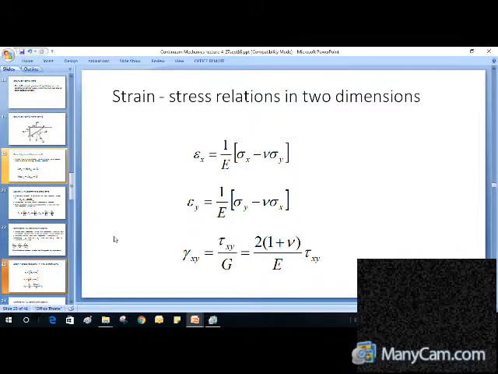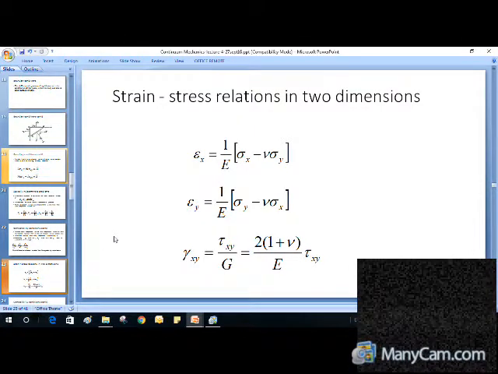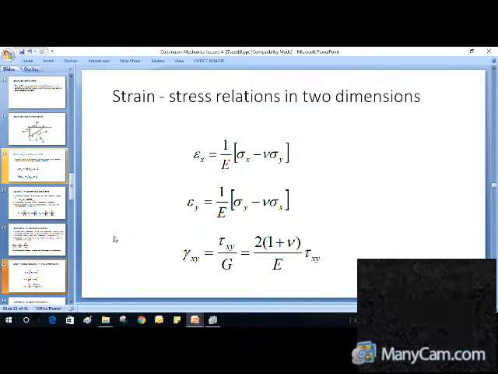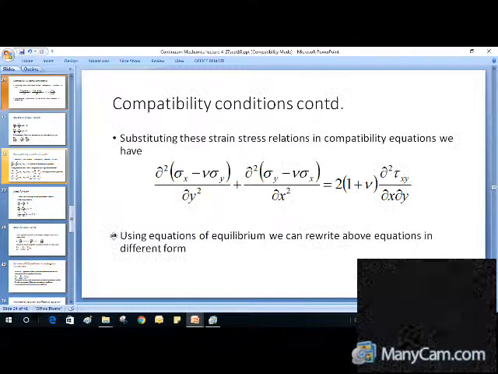So we now see that these three quantities are now substituted. Thereby the compatibility condition is then expressed in terms of sigma x, sigma y and tau xy. So we are now substituting that. So this is for epsilon x, this is for epsilon y, and this is for gamma xy. Is that correct? So we have now got the compatibility condition expressed in terms of the stresses itself.